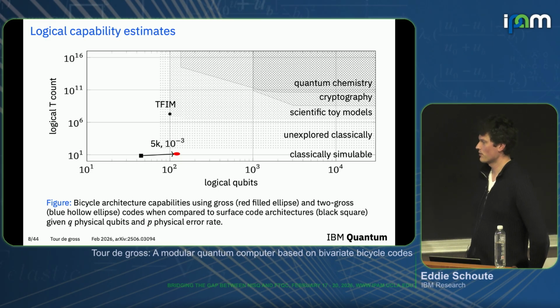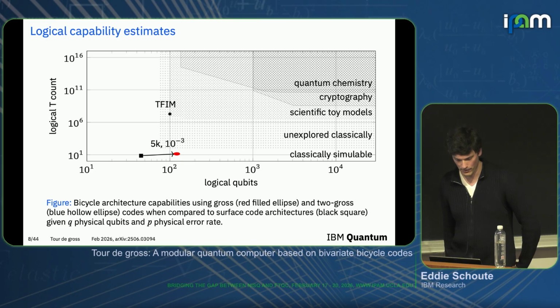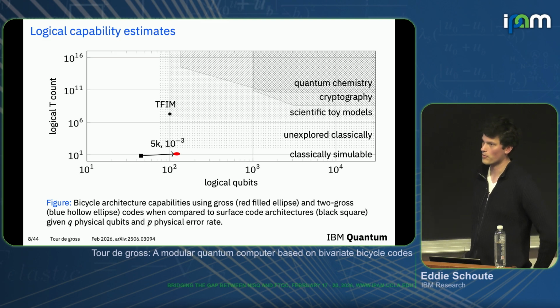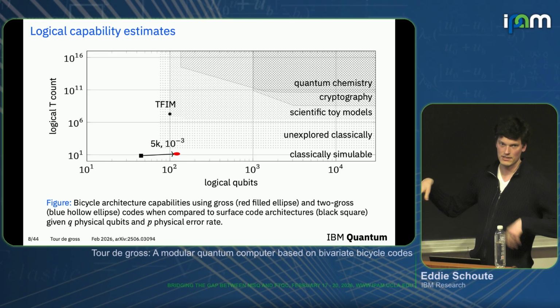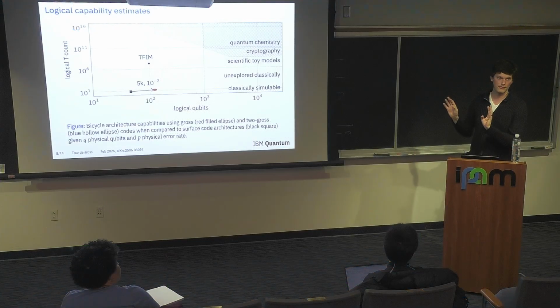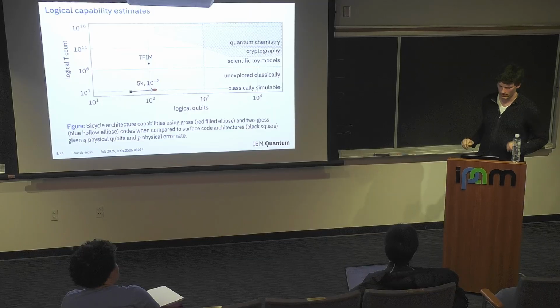If I compare it to a comparable surface code architecture, instead of having, let's say, 50 logical qubits, we now have over 100 logical qubits to perform our computation at an equal amount of T-gates. And I'd like to say, T-count here means including arbitrary Clifford gates in between, right? So we've compiled away all the Clifford gates.